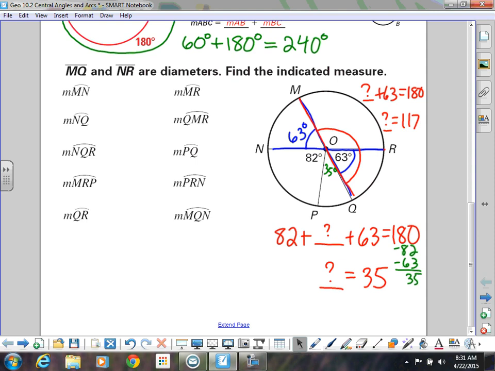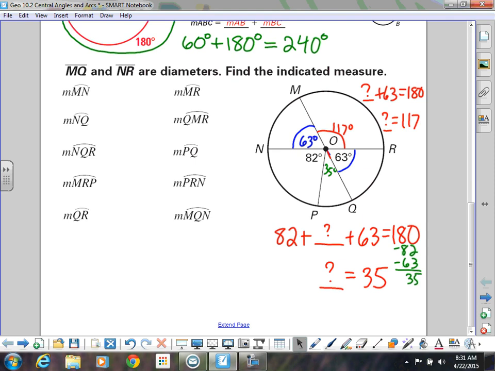So again, let me erase some of that. This is 63 because of vertical angles, but this angle right here is 117. I think it's more helpful to figure those out before we get started, because now we know what each piece of that circle equals.